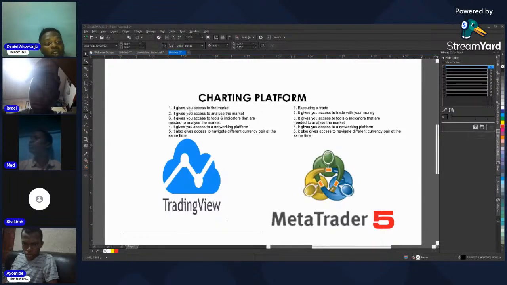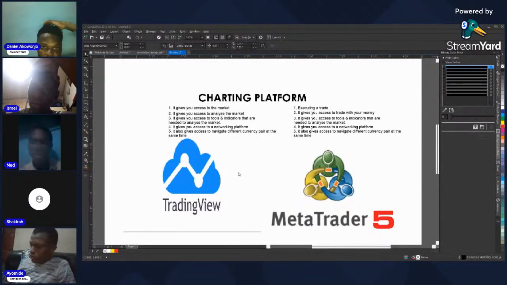Then your money will show in MT5 and you'll be able to execute the trade you've taken from TradingView. Do we understand? So XNES comes in between this whole thing. When you take your trade in TradingView, you've analyzed, you come to XNES, you fund, you come to MetaTrader 5, then you execute that trade. Do you understand?